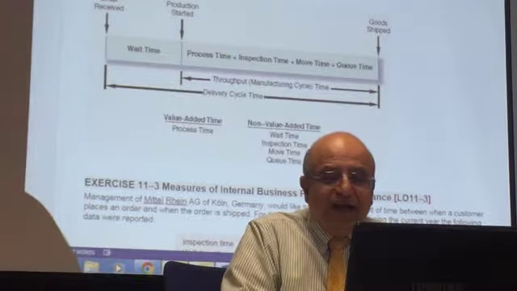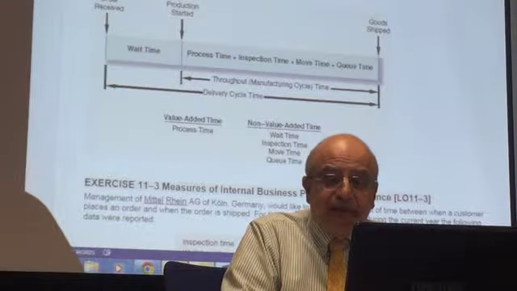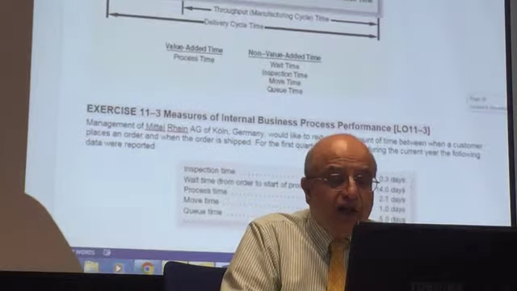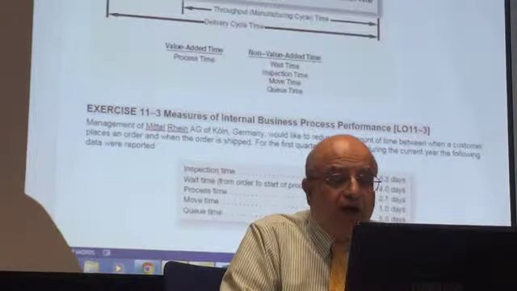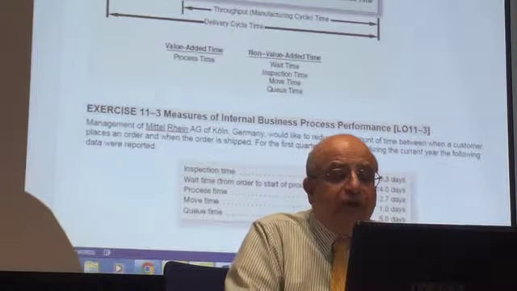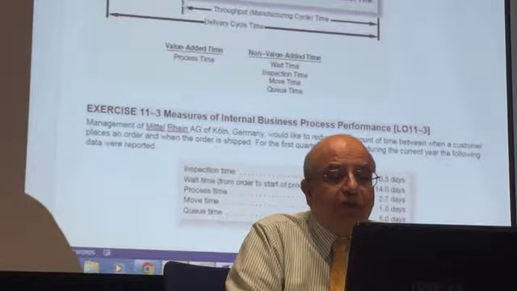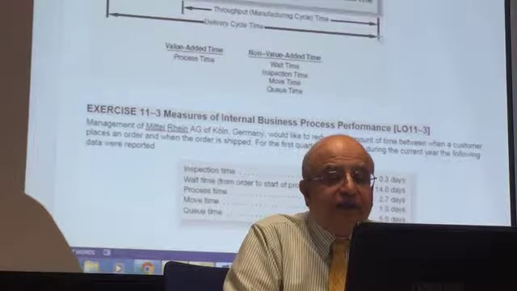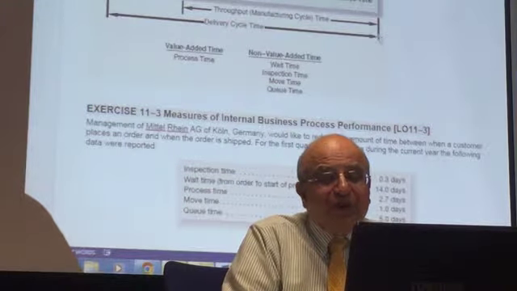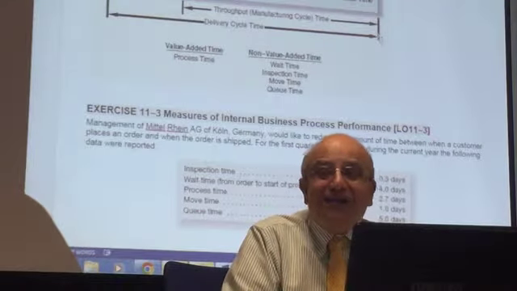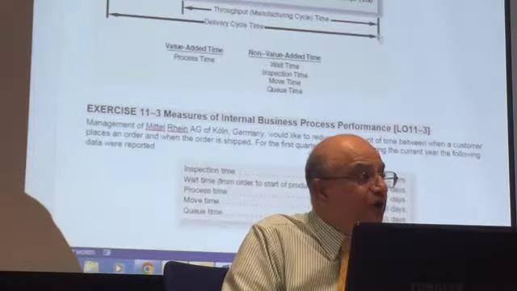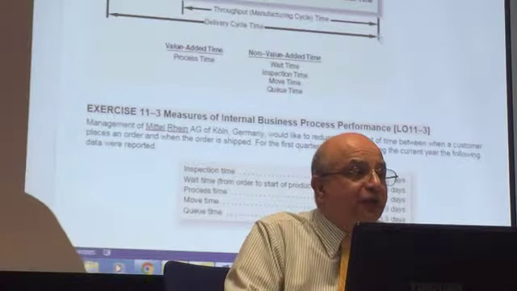So the idea is to minimize your throughput time, which is the time from when you start the process to the time you deliver. That's called the throughput time, and that's a very standard measure of whether you're doing a good job or not. So they'll tell you to cut your throughput time down.